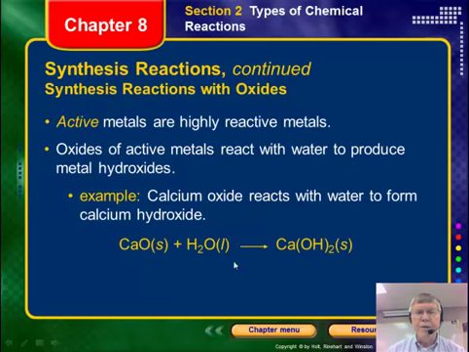Here you see the equation for that. So you have simple compound plus simple compound forms a single compound. So even though we say it's usually element plus element, it can in some cases be slightly different, and you have a single compound being formed here, the calcium hydroxide.